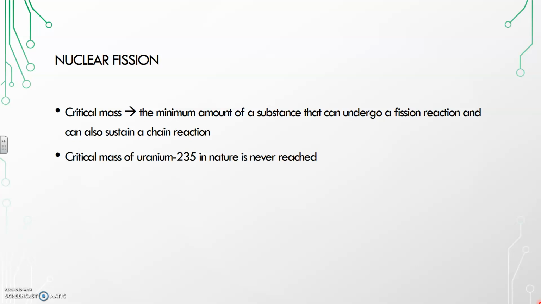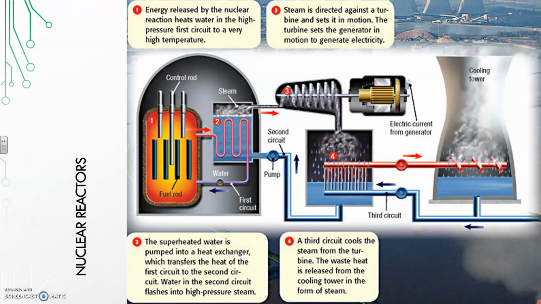It never gets that concentrated, which is why we don't have to worry about random nuclear fission chain reactions taking place in nature. Because wouldn't that be something? Just walking through the woods one day and then all of a sudden there's a nuclear explosion. That wouldn't be good.